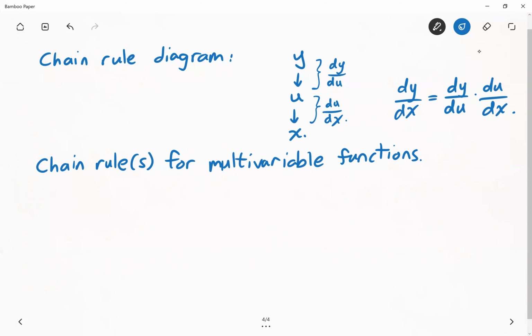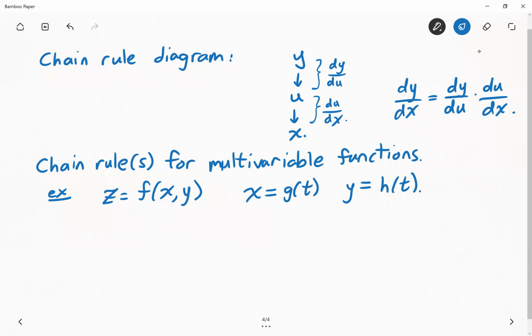For example, we might have z as a function of x and y. We've seen a lot of those recently, but perhaps x and y themselves are also functions of some other variable. So maybe x is a function of t, call that g of t, and y is also a function of t, call that h of t.